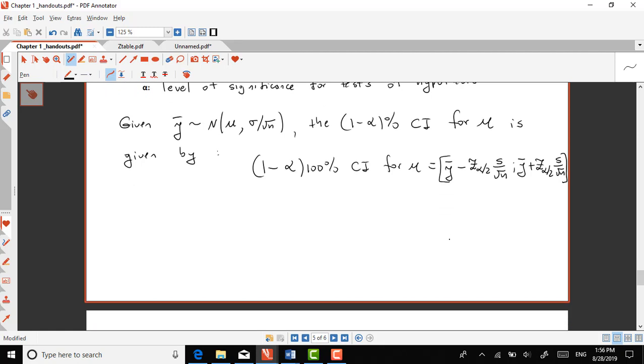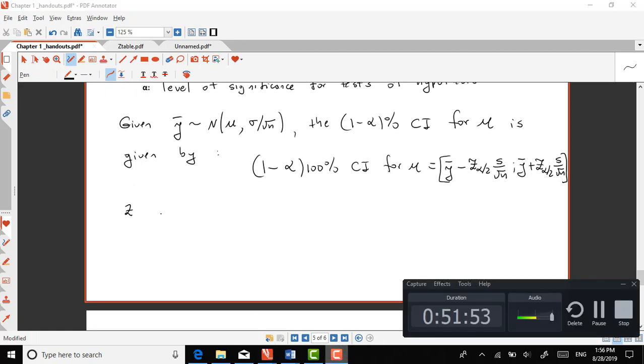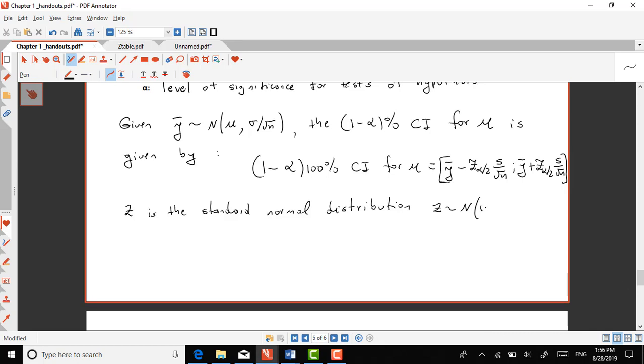So Z is the standard normal distribution. So what's the mean and the standard deviation of the standard normal distribution? The mean is 0 and the standard deviation is 1.